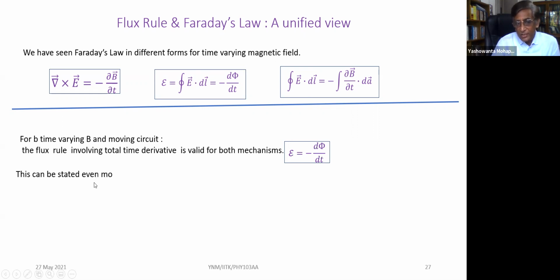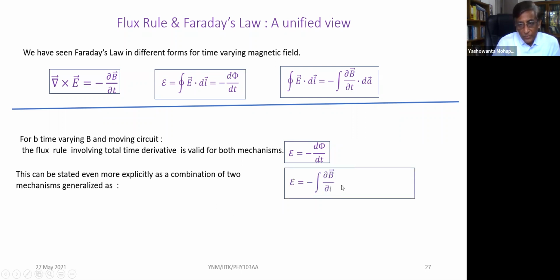So this can be stated even more explicitly, okay, as a combination of two mechanisms, generalized as, that is this E, instead of total time derivative, I can express it as this, which is the pure Faraday's law, and the motional EMF, the integral of v cross B dot dl. Okay, one can derive this explicitly also, but I don't think in our case we need to do that. We already seen this EMF v cross B dot dl, but this is partial derivative. Okay, of course, in this both are included.